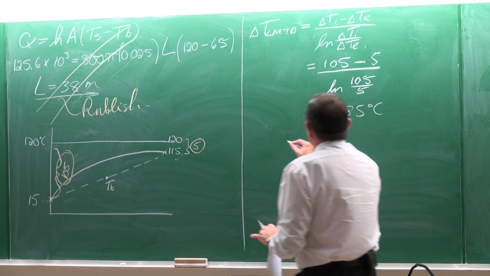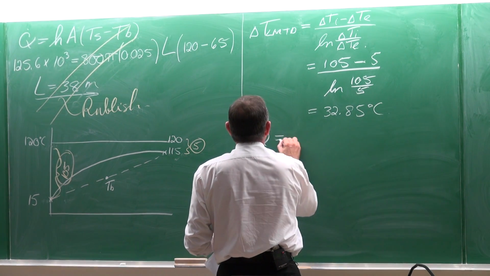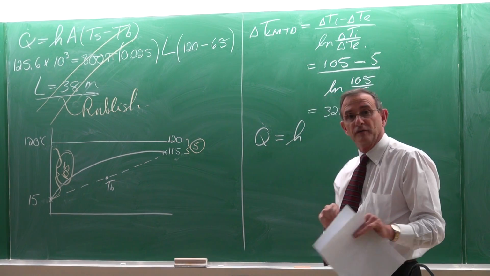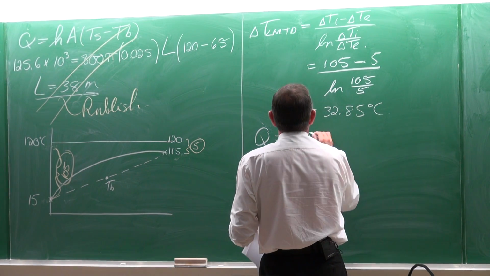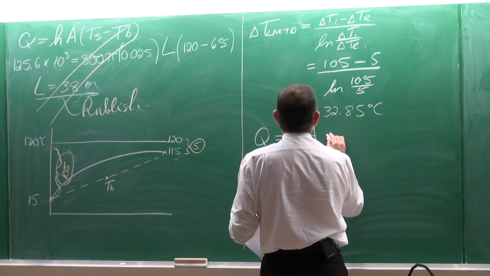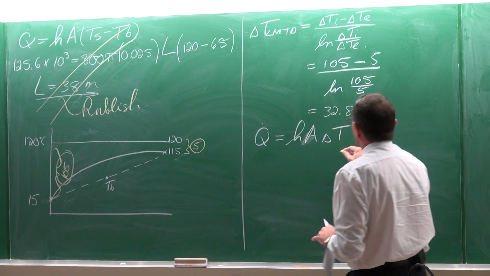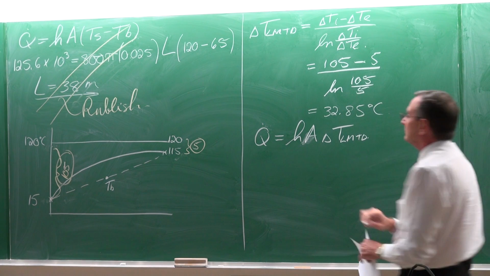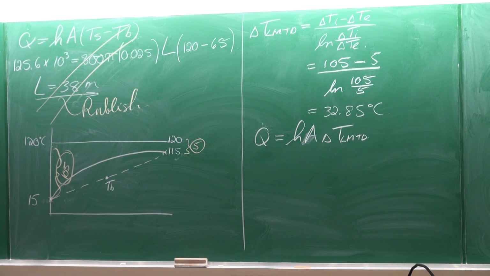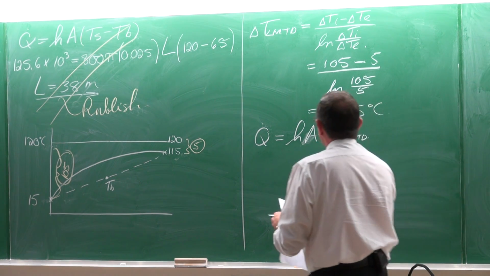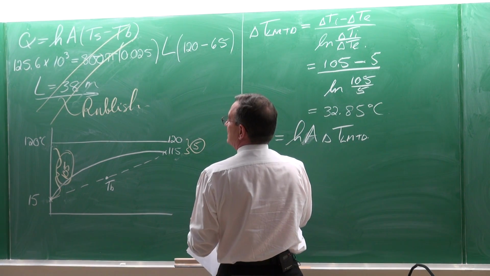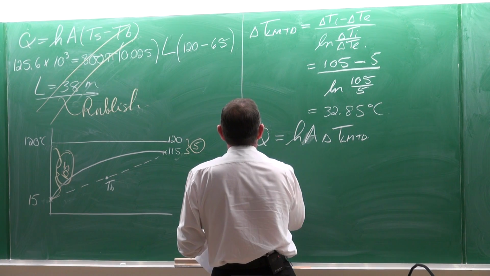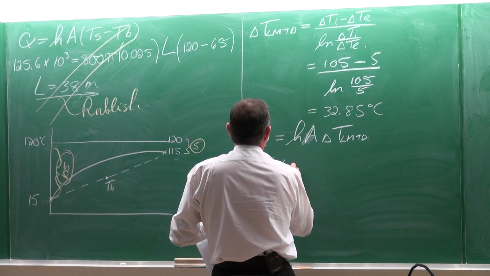Now, we can say that the heat transfer rate is equal to the heat transfer coefficient multiplied by the surface area multiplied not by delta T, but delta T LMTD. The heat transfer rate is equal to 125.6 kilowatts.